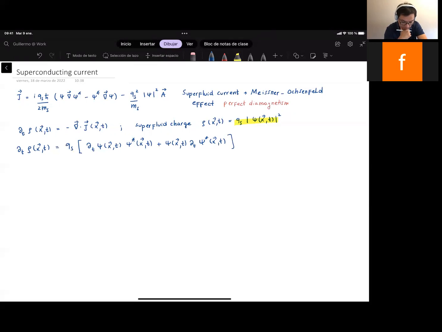And then what matters here is that we should use the Schrödinger equation.